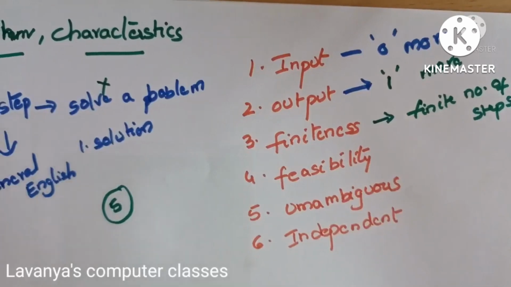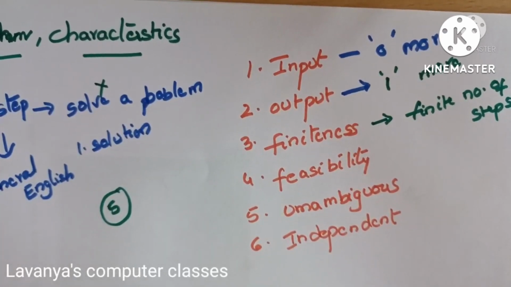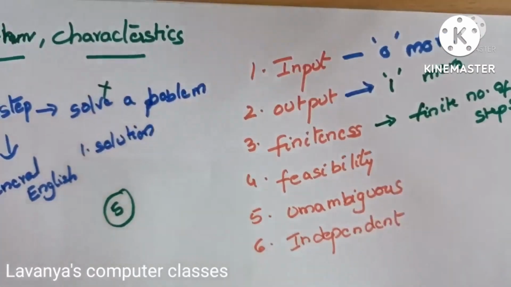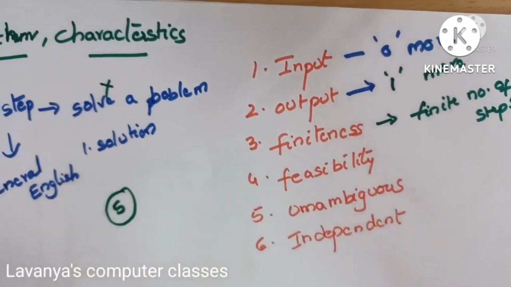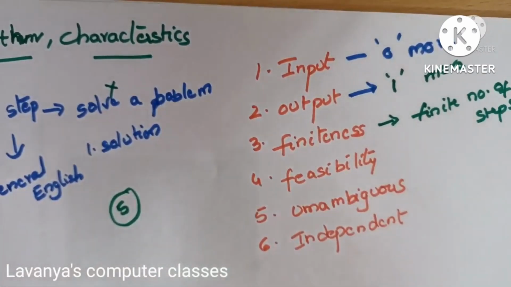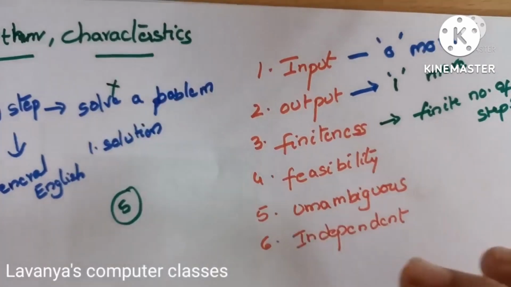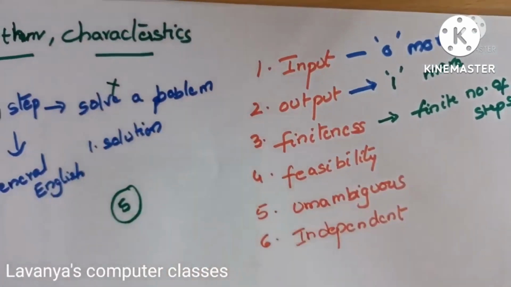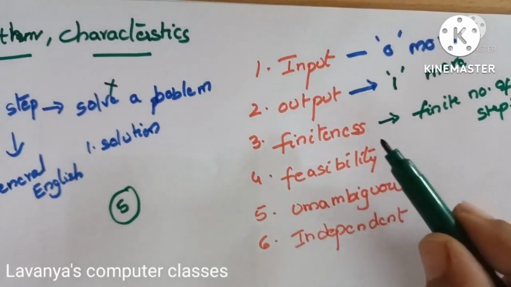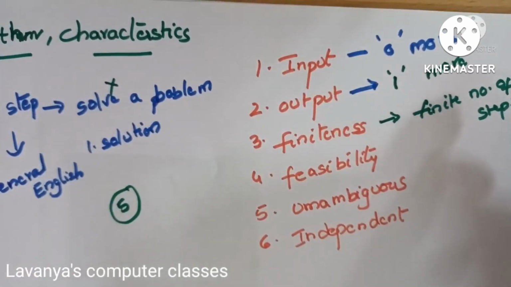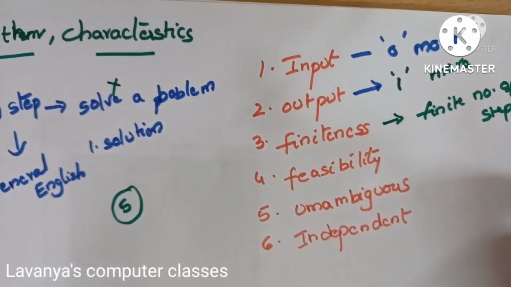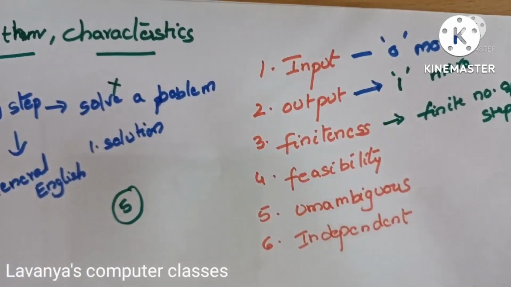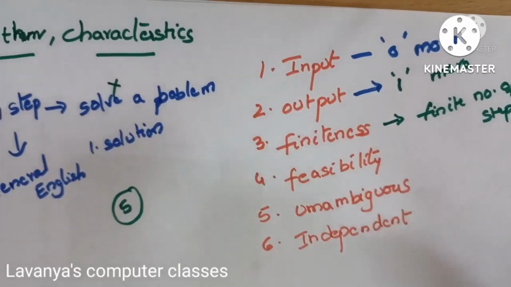Next one is feasibility. What is the meaning of feasibility? If we are writing any algorithm, we need some inputs also. Whatever resources we use, all should be available resources only. Feasibility means it should be feasible with only the available resources.